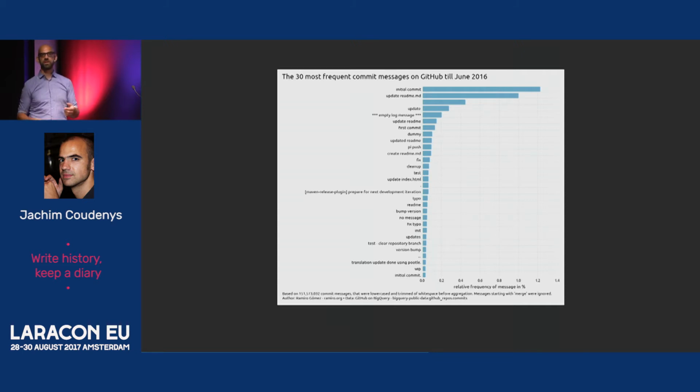Update README file is if you hit the edit button on GitHub and just want to save it. Nobody takes the effort to say why they changed it, they just hit the submit button. Those two you can ignore, but the rest is not so good: dummy, fix, cleanup, empty, stuff like that. Git is not a backup system. Git is a diary system.